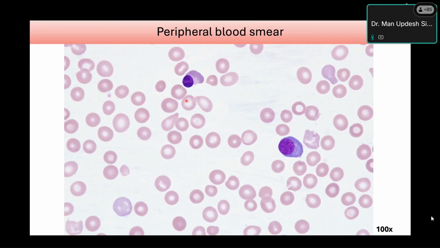Among the RBCs, see that nucleated red cell, fairly mature appearing, then some of these are fairly large and some are normal looking. You can always compare with a mature lymphocyte. I don't have one in this picture, but some of them look larger. Some of these are teardrop cells. Some of them are slightly bluish in texture, so these are polychromatophils. They represent the reticulocytes. You have reticulocytes here and nucleated red cells.